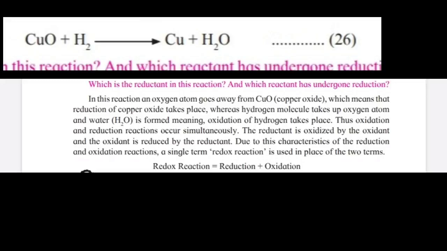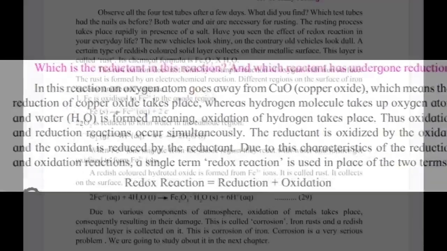In this reaction, an oxygen atom goes away from copper oxide, which means that reduction of copper oxide takes place, whereas hydrogen molecule takes up oxygen atom and water is formed, meaning oxidation of hydrogen takes place. Thus, oxidation and reduction reactions occur simultaneously. This is an example of redox reaction.